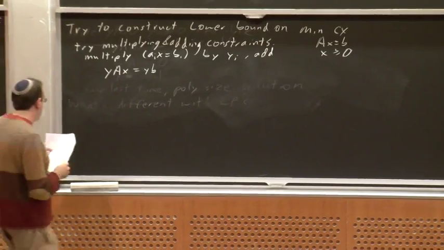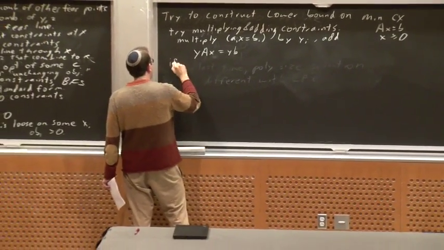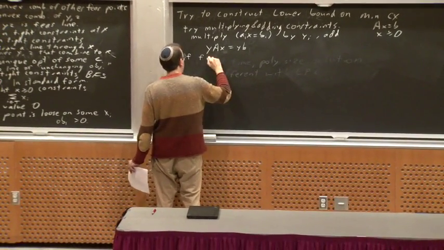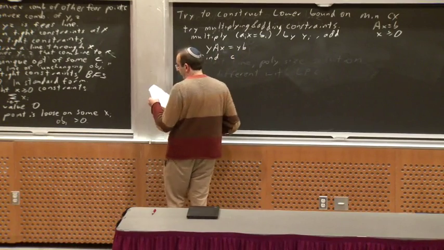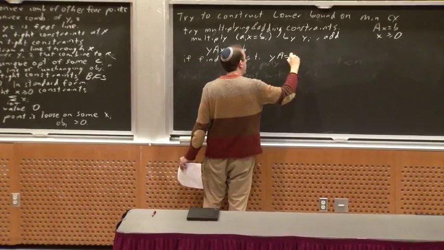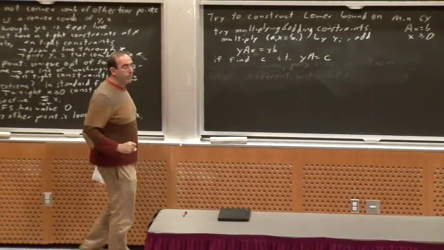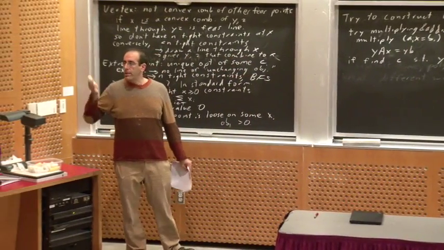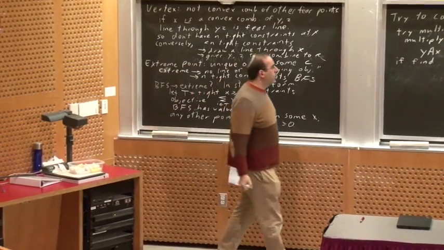Now, suppose that I can find some c such that yA is equal to c. This is kind of looking back to the linear systems perspective.